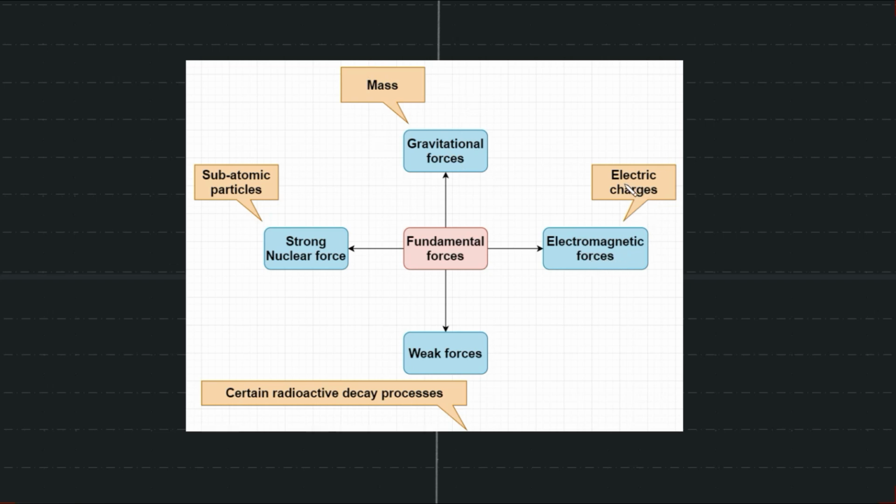For electromagnetic force, the cause is electrical charges. Weak force is a certain radioactive decay process, and strong nuclear force is subatomic particles. So these are the forces and these are your causes. Okay, mass, electrical charge, certain radioactive decay process, subatomic particles are the causes of the respective forces.